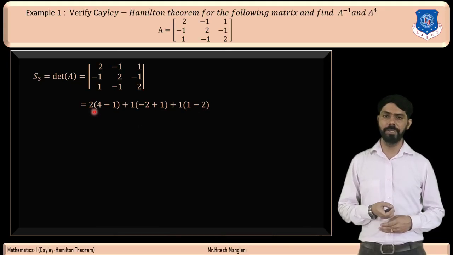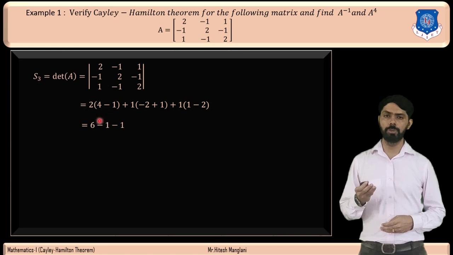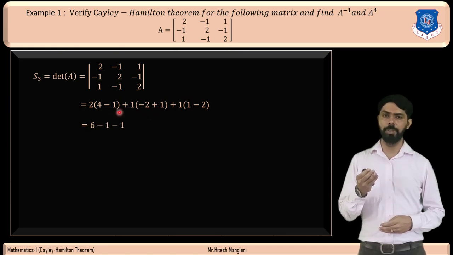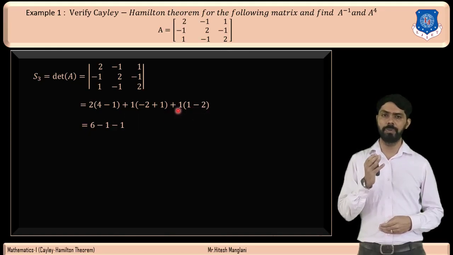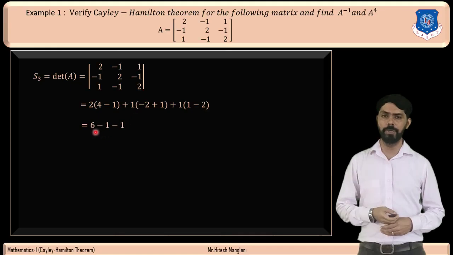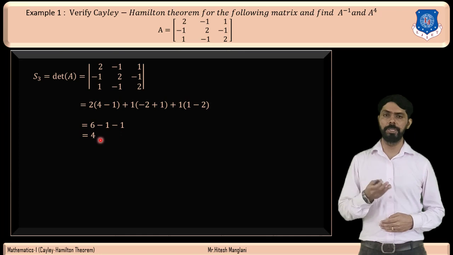If we simplify this, it will be 2 into 3, so 6, then minus 2 plus 1, so minus 1 into 1, so minus 1, then 1 minus 2, minus 1, and minus 1 into 1, so minus 1. So 6 minus 2 will be 4. Therefore the value of s3 is 4.